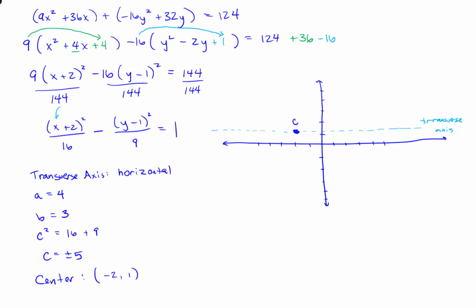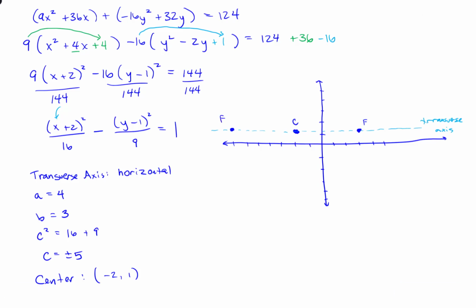So 5 units away from the center on that would be 1, 2, 3, 4, 5. There's one focal point. And then 1, 2, 3, 4, a couple more points there. So 1, 2, 3, 4, 5. There's my other focal point.